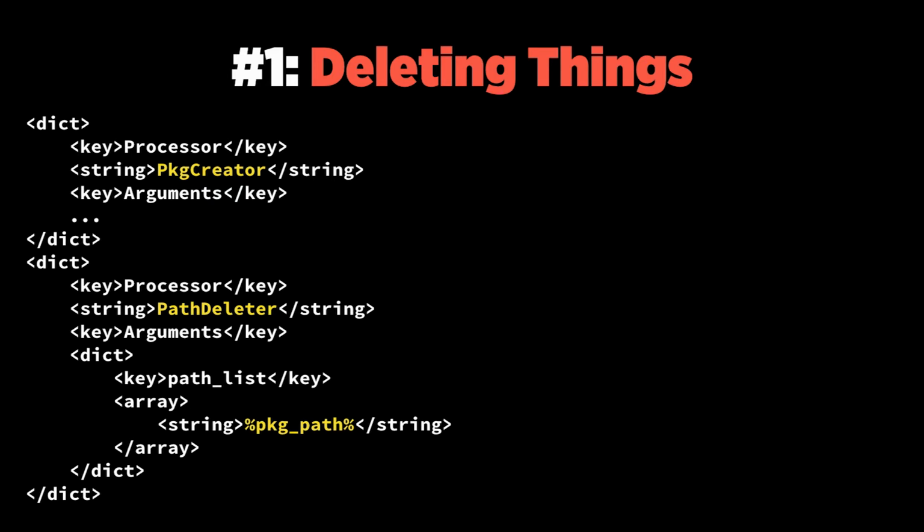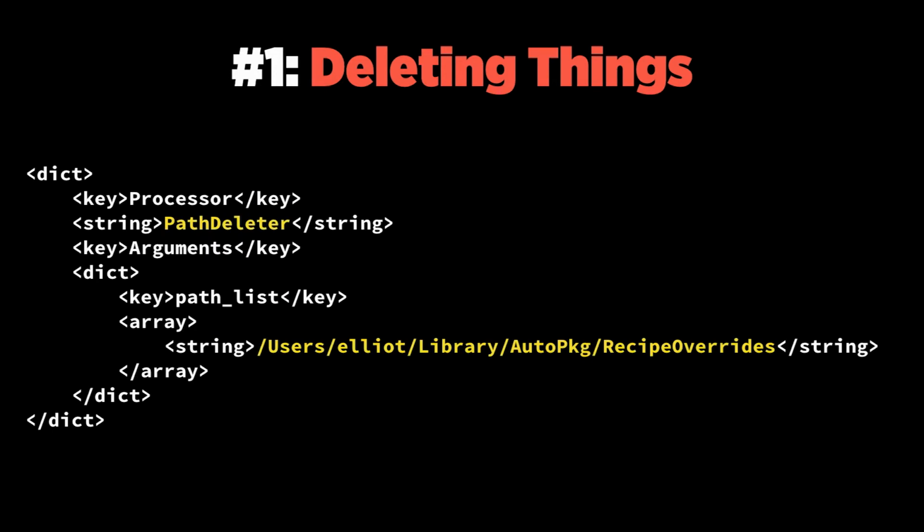Something that would be a little bit scarier would be this, deleting your recipe overrides, for example. Hopefully you have these backed up somewhere. Maybe it's not the end of the world. You could always make the overrides again, set the input variables. Ideally, you're running AutoPkg on a VM, and you can just revert back to the snapshot. So it's not the end of the world, but still, it's one step up in the supply chain, causing us some headaches. But here's something really bad.